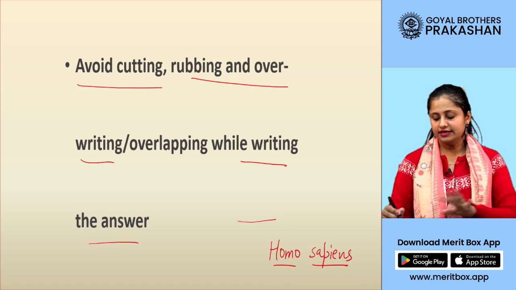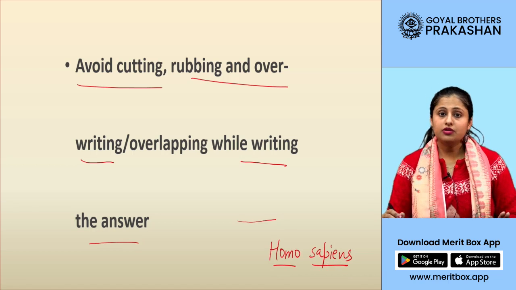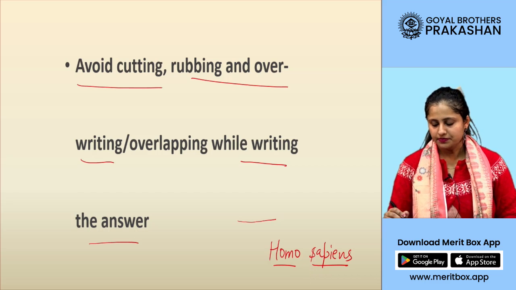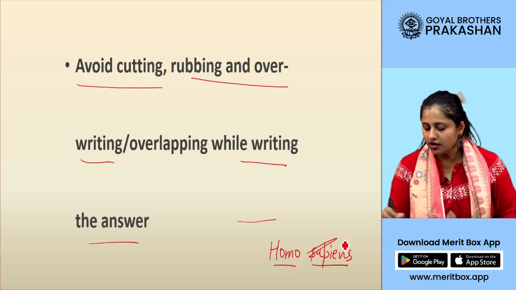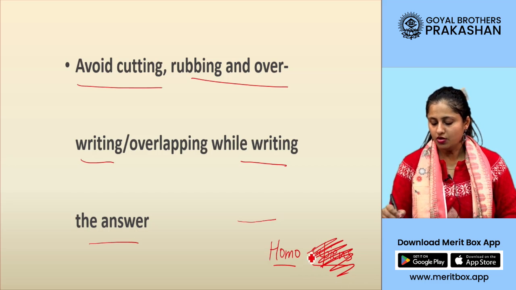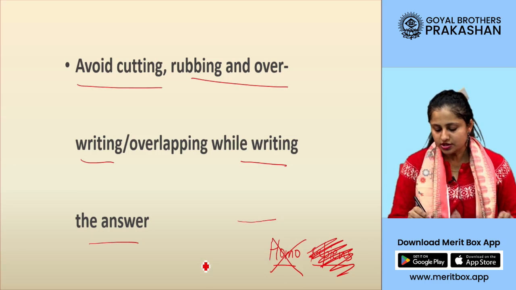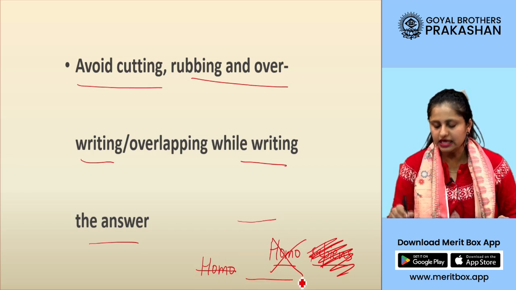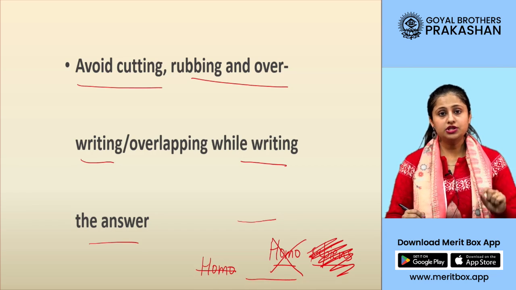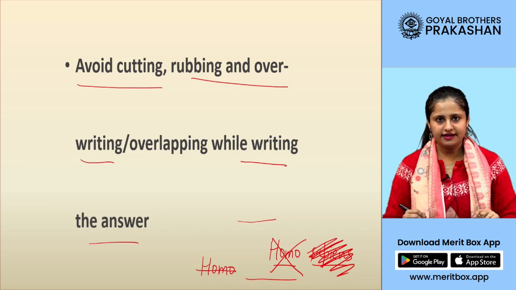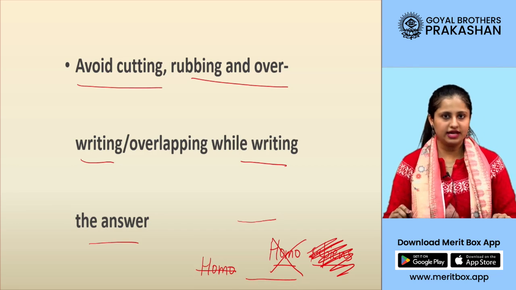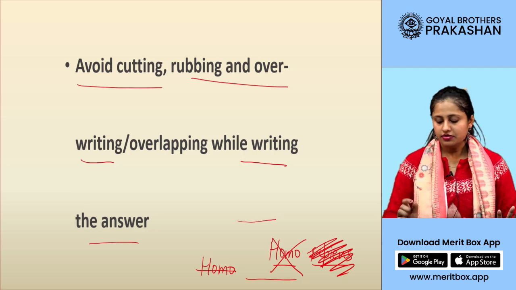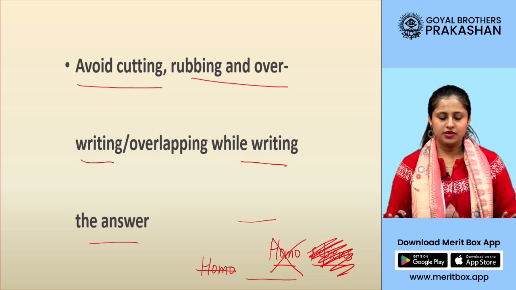If you find that you have written the wrong spelling or wrong answer or a wrong word, then you should not do like this or like this. You should simply do like this and keep writing. First, you should avoid cutting and rubbing and overwriting. But in case it is done, then this is the right way.